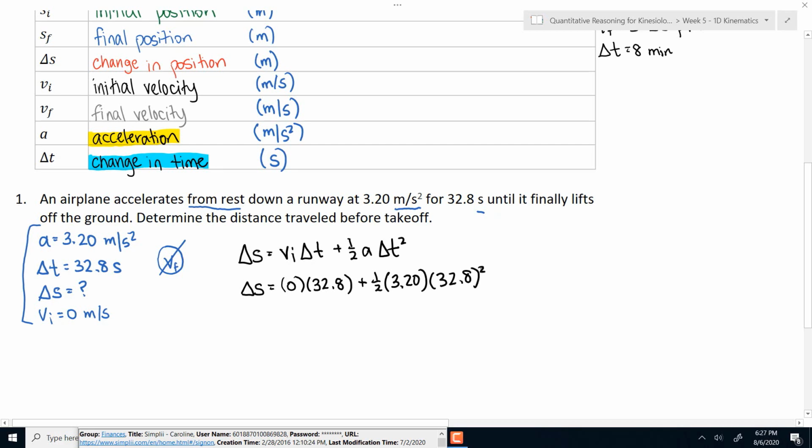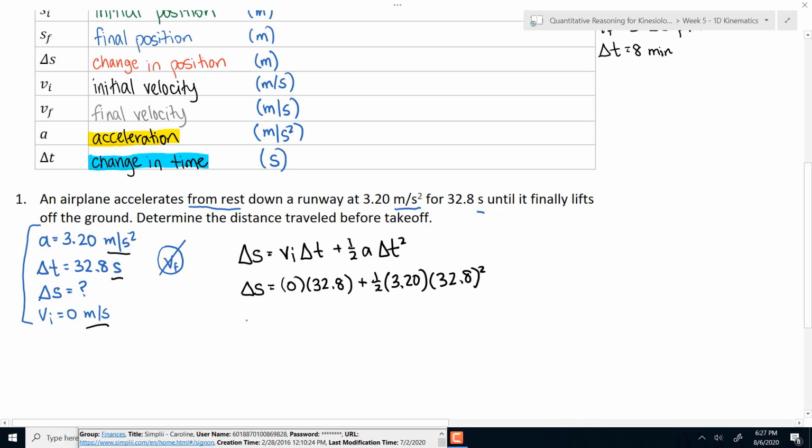Okay, notice that the units that were given in the question were all SI units, so I didn't need to convert anything. Now I'm just going to type everything on my calculator. 0 times 32.8 plus 1/2 times 3.20 times 32.8 squared.